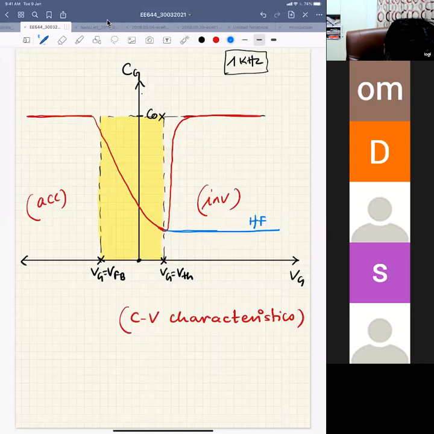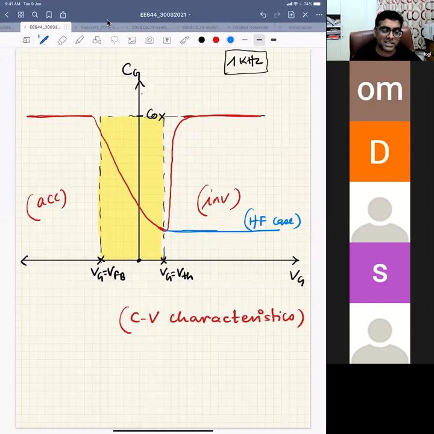High frequency means more than hundreds of kilohertz. If your voltage varying time is in the order of microseconds, your minority carriers cannot respond. Your electrons, your inversion charge cannot respond. So if I'm giving delta Vg, my delta Q inversion is 0.